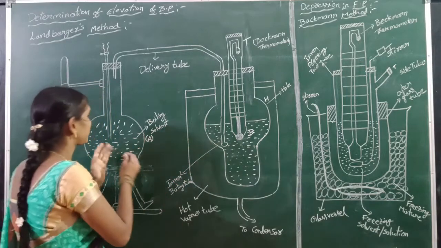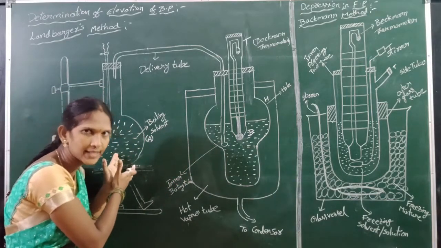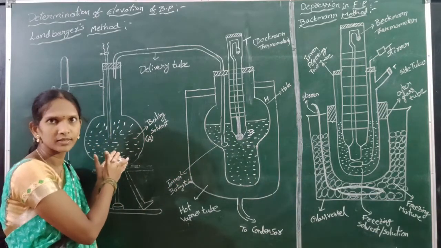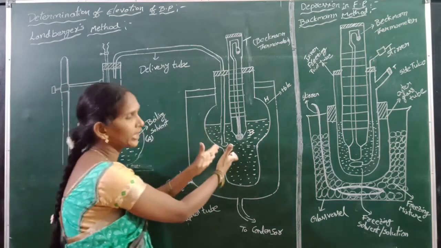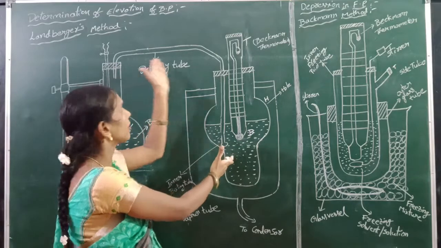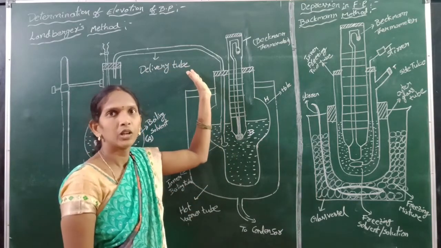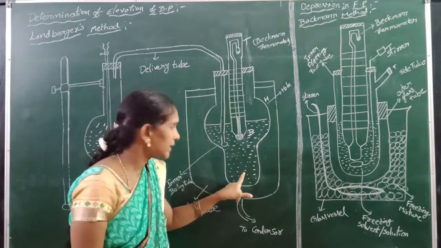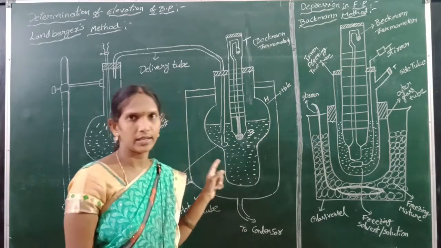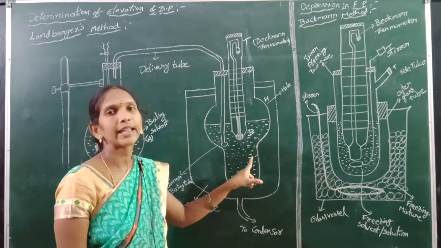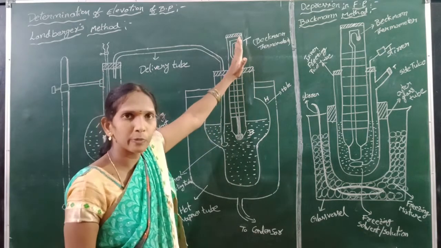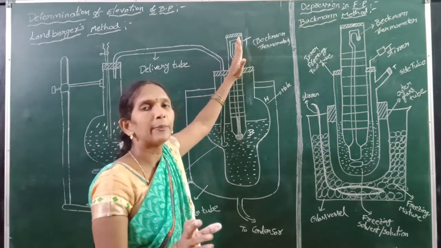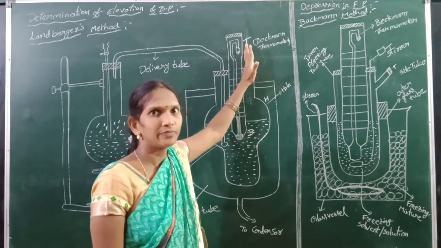The boiling flask has vapors, which come to the inner boiling tube with the help of the delivery tube, and the solvent boils. This is indicated on the Beckmann thermometer, where a constant temperature is maintained.